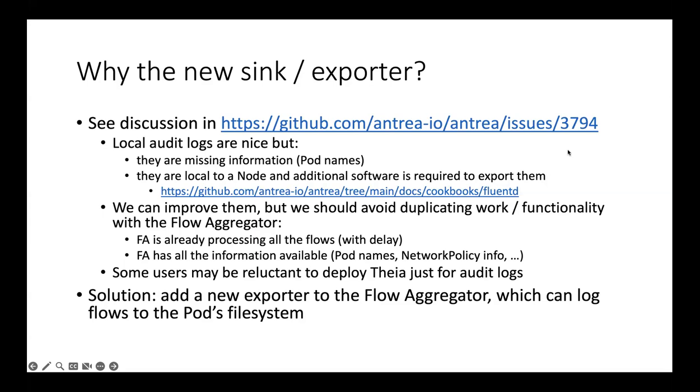And so we have rate limiting in place to avoid overloading the agent with too much information, if someone keeps trying to send UDP packets, for example, which match a network policy drop rule.